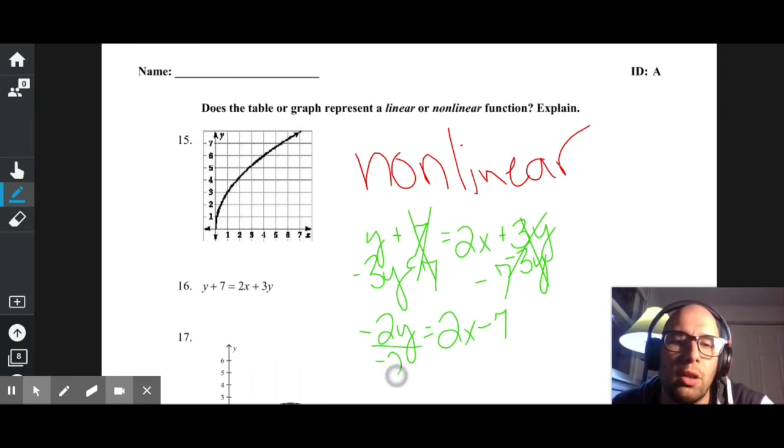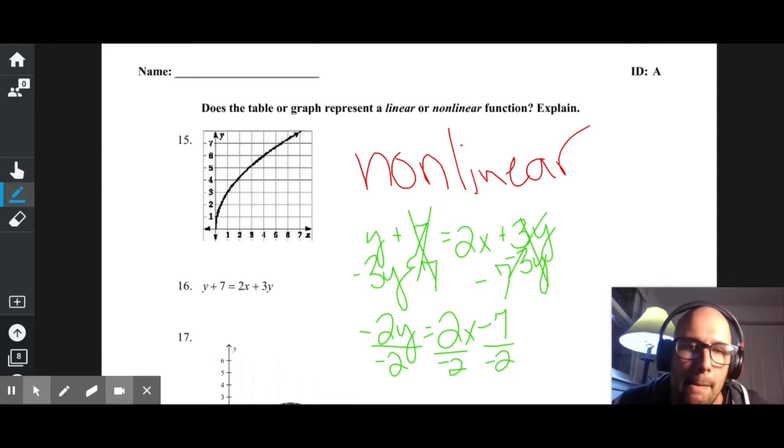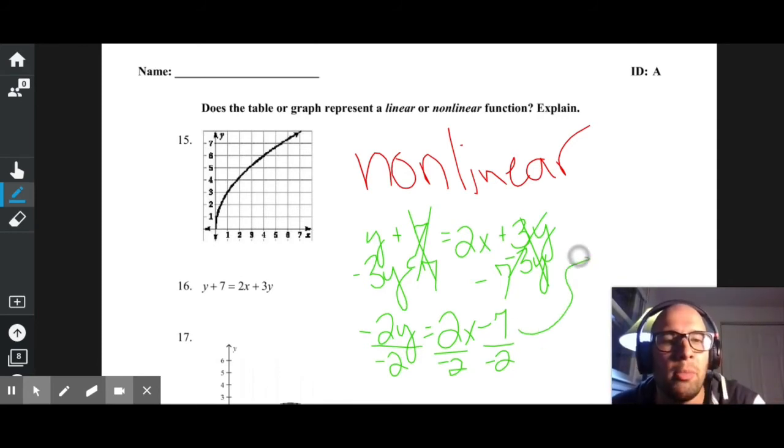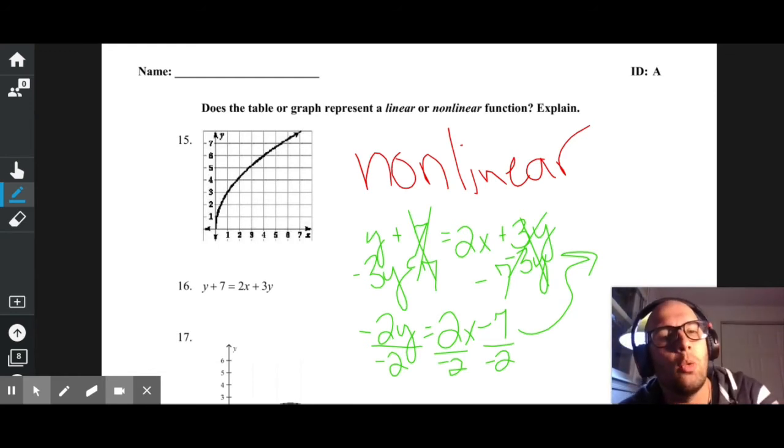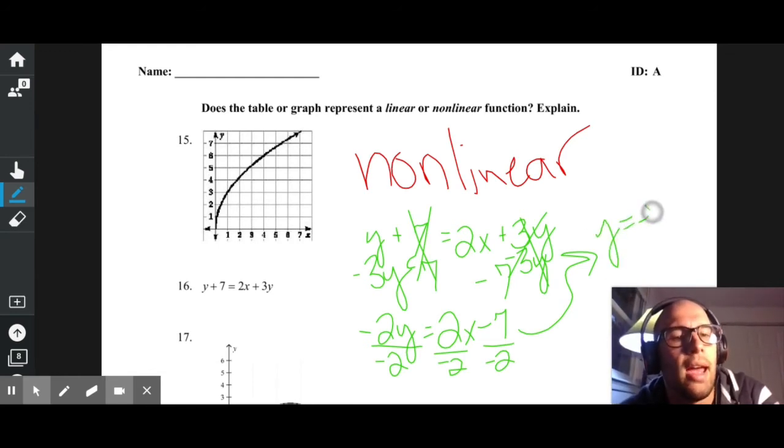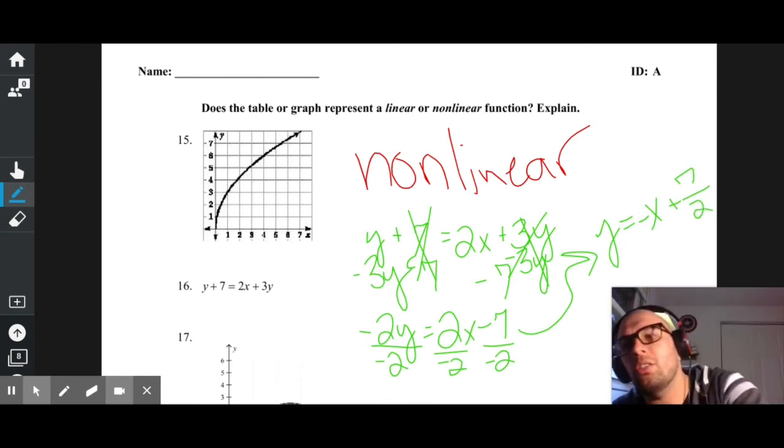If I divide everything by negative 2, you would have y equals negative 1x plus 7 over 2, which is linear.